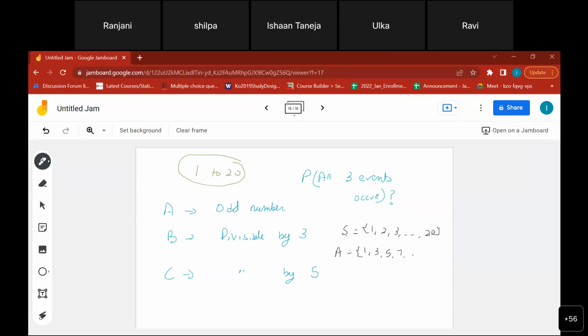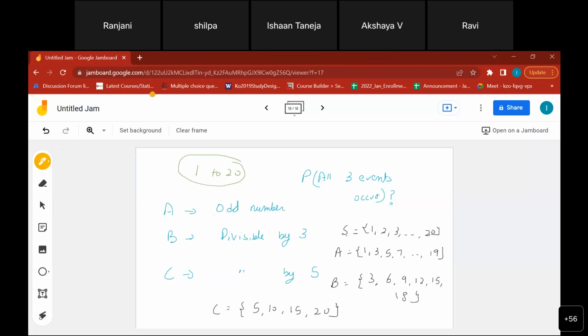What are numbers in B? 3, 6, 9, and 15. 18 also, right? What are numbers in C? 5, 10, and 15. 20 also, right? Yeah, including 20.